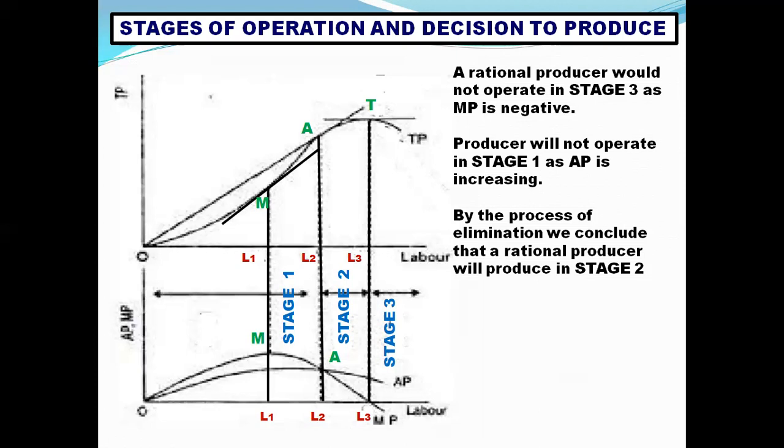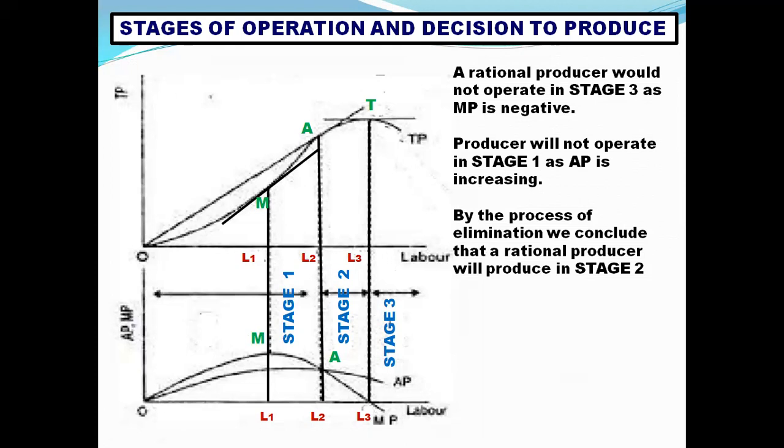Now a rational producer will not like to operate in stage 1 as well. Why? Because AP is increasing. So AP of the variable factor, see here, AP is increasing throughout, right? So the firm will employ more of the variable factor because by employing more units of labor, AP will increase.